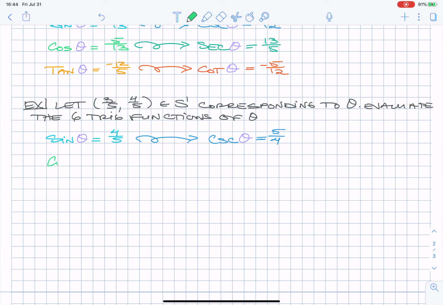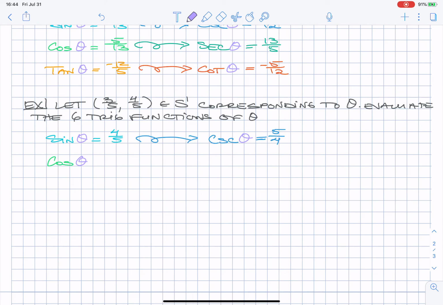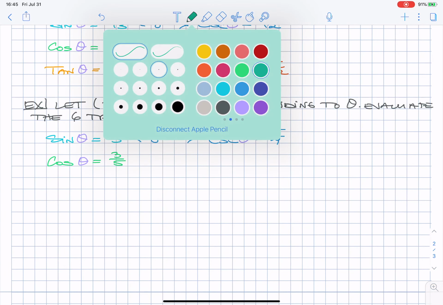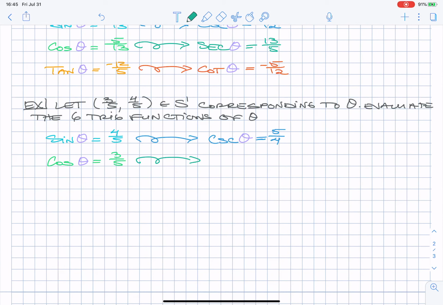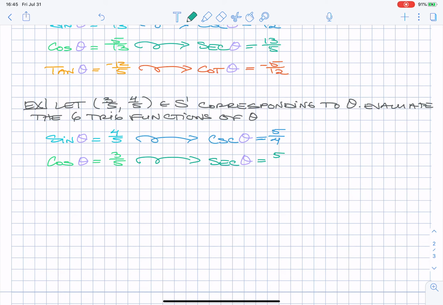Cosine of theta is the x coordinate, so I get 3 over 5, which means that secant of theta, which is flipping this guy upside down, is just going to be 5 over 3.